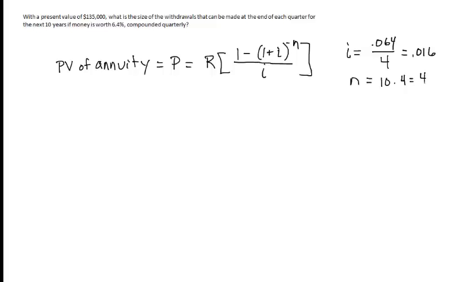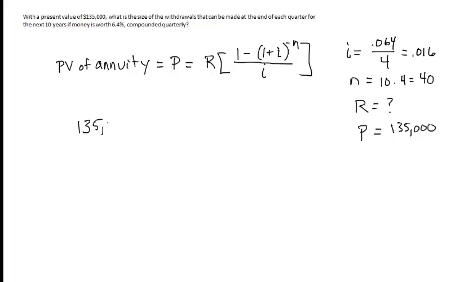So we have N is equal to 40. And R is what we're trying to solve for. So R is our unknown. And in this case, P is equal to 135,000, because they told us that we have a present value of 135,000. So that's our P.